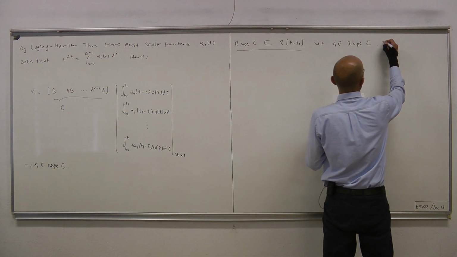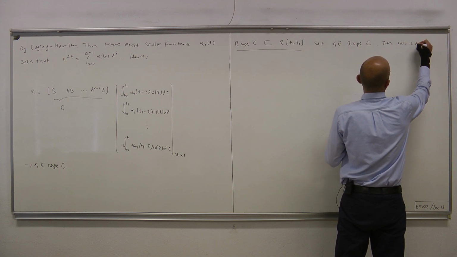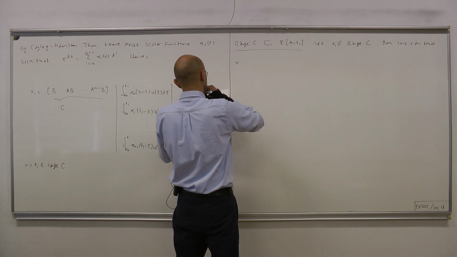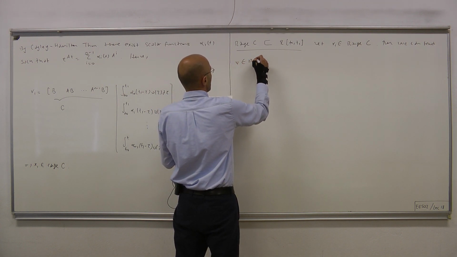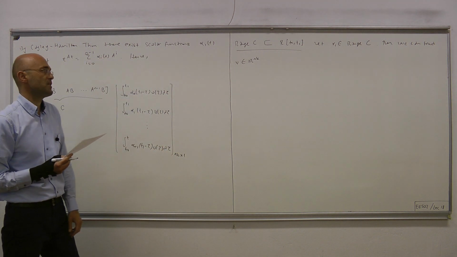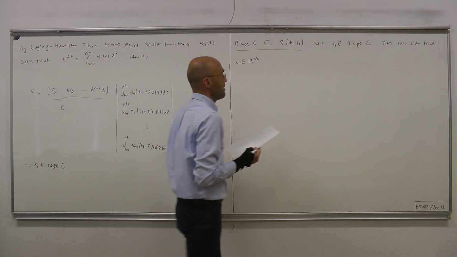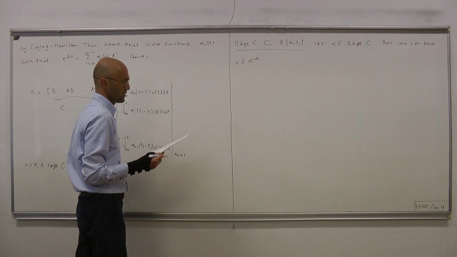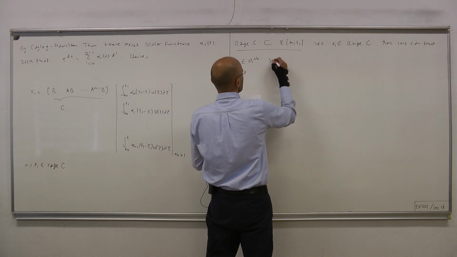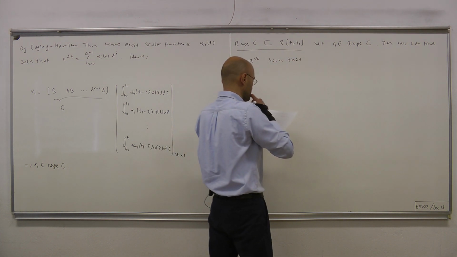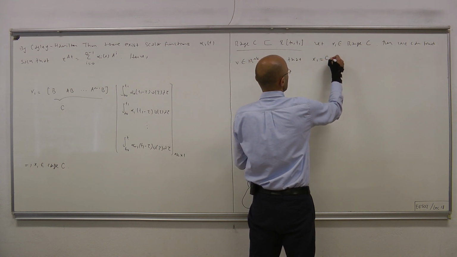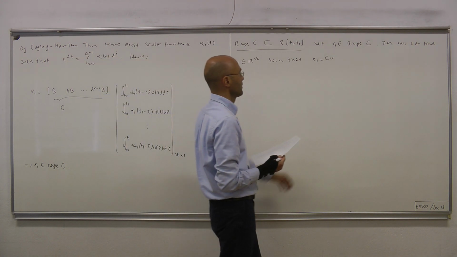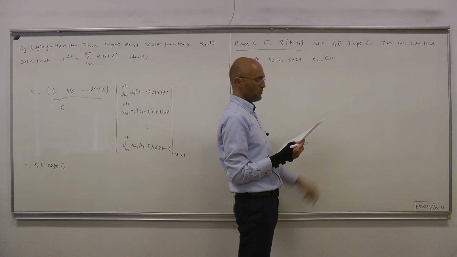Then, by definition of range space, we should be able to find a vector v of size nk by 1. Remember that the controllability matrix C was an n by nk matrix, such that x1 equals the controllability matrix times that v. So that means x1 belongs to the range space of the matrix C.